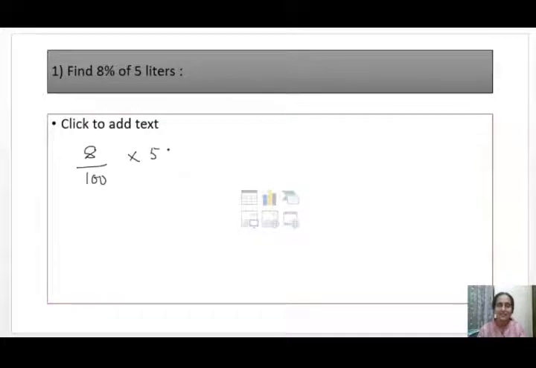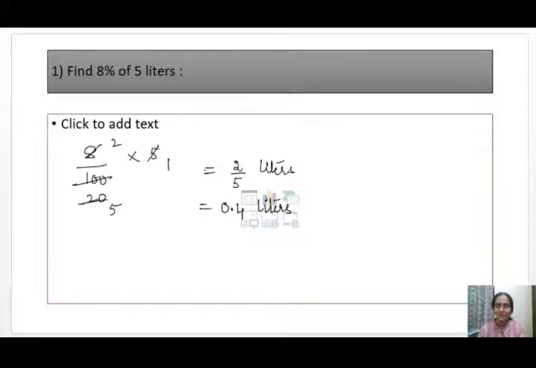I'll write 5 only. 5 ones are 5, 5, 20, and 4 twos are 8, 4 fives are 20. It is 2 by 5 liters. Don't forget to write the unit. 2 by 5 liters means 0.4 liters. 0.4 liters. We will go to the next sum.